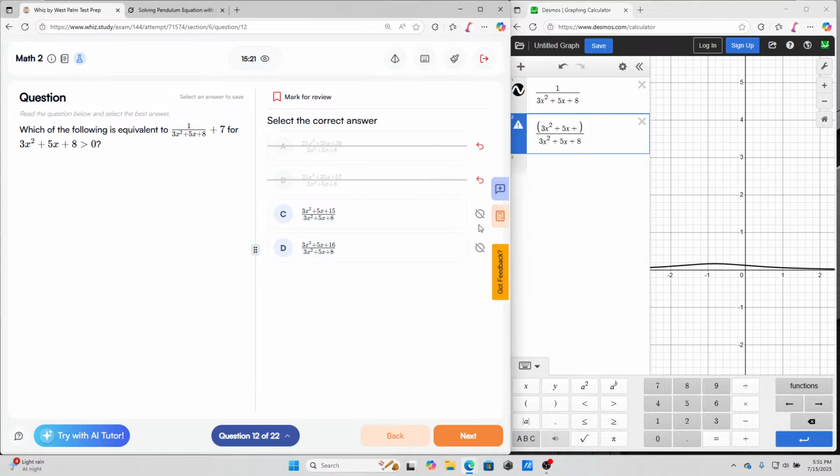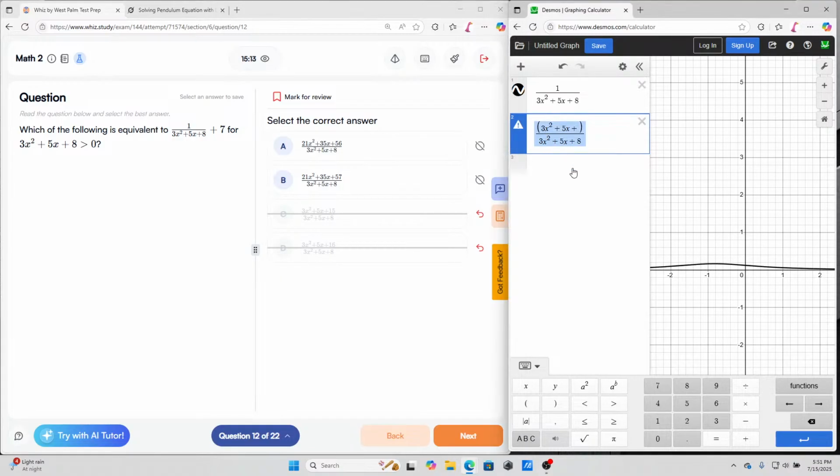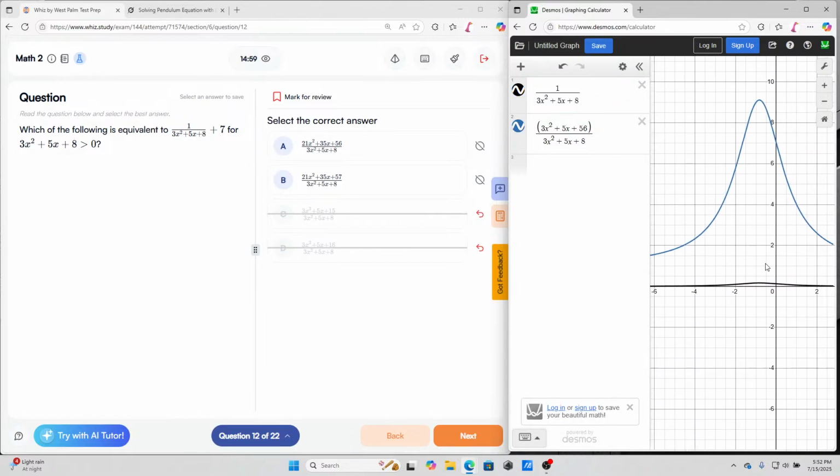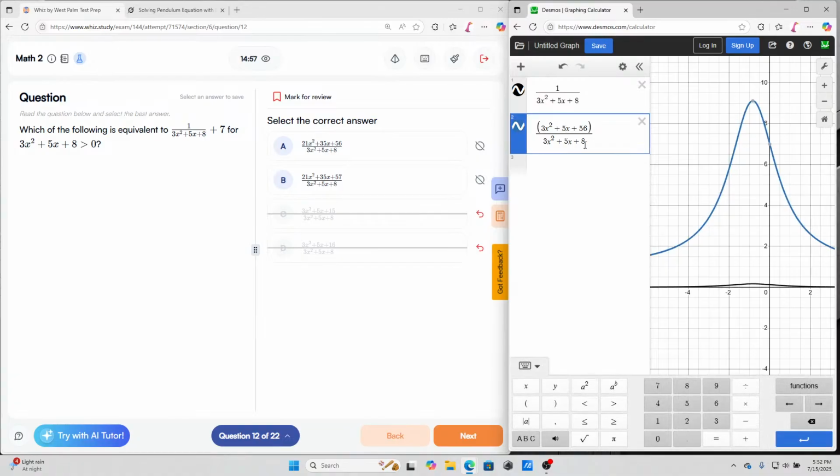Okay, so I guess we eliminate these again. Let's try this again. Okay, I did not mean to be doing that. Okay. So it's either 56 or 57.